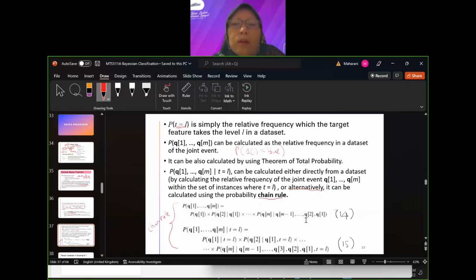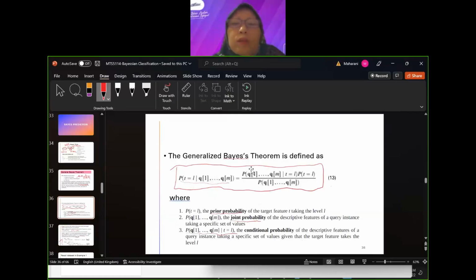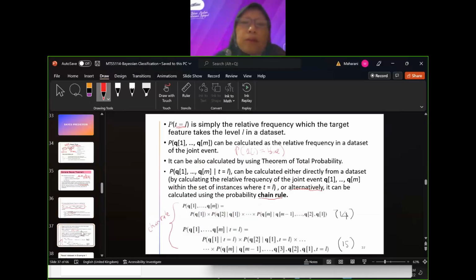Why is this not a division? Because we change this one with this. How do you read this?